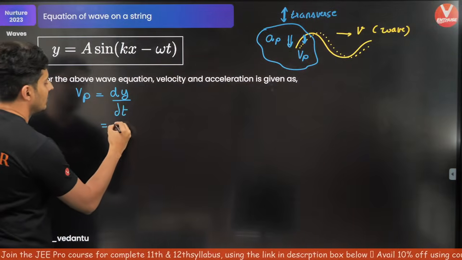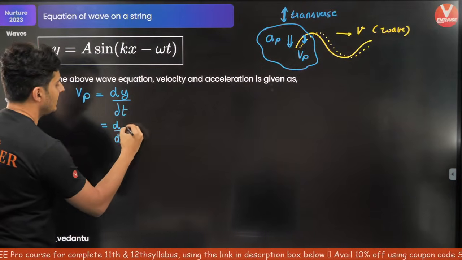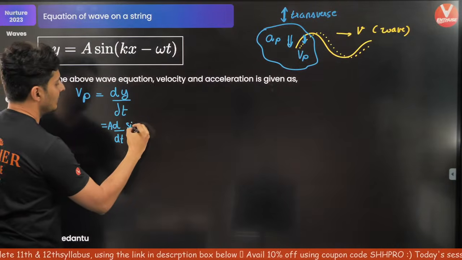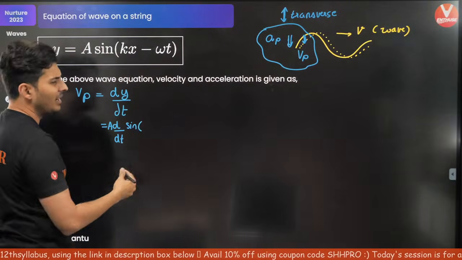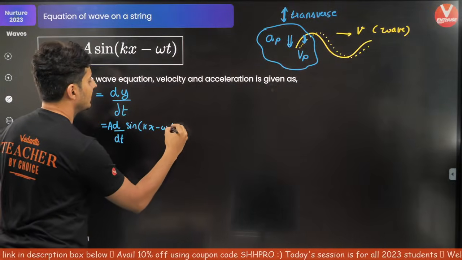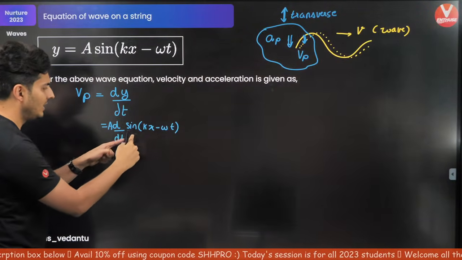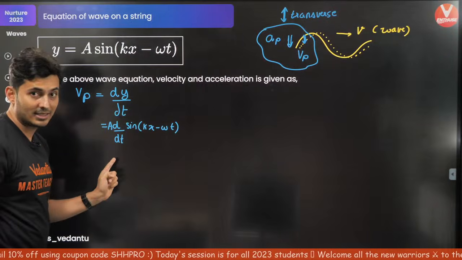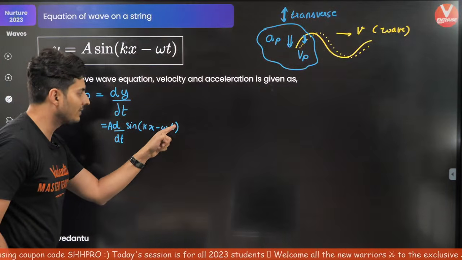Let's see. d by dt of a, a is a constant, comes outside, sine of kx minus omega t. K is a constant, x is a constant because you are differentiating with respect to time, not with respect to x. Only t is the variable.